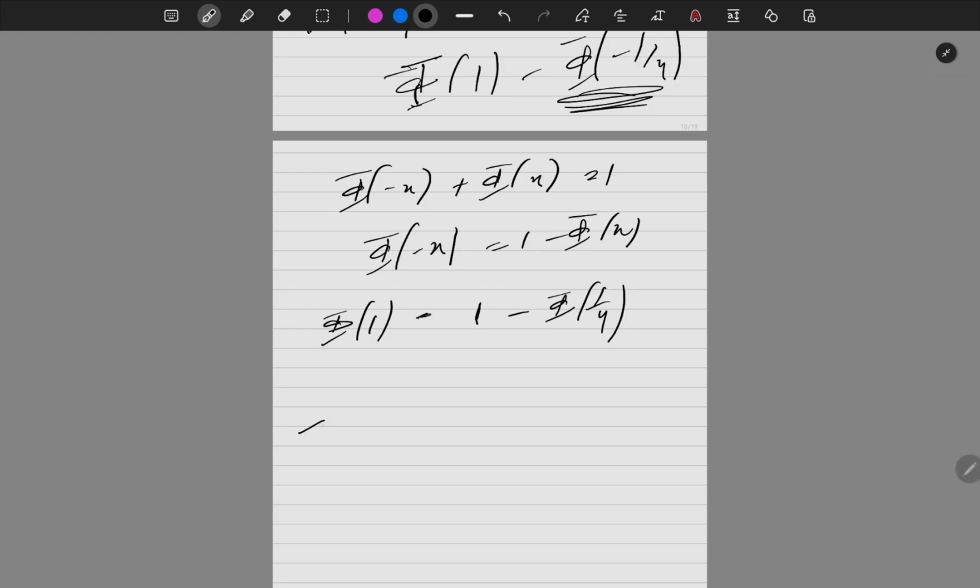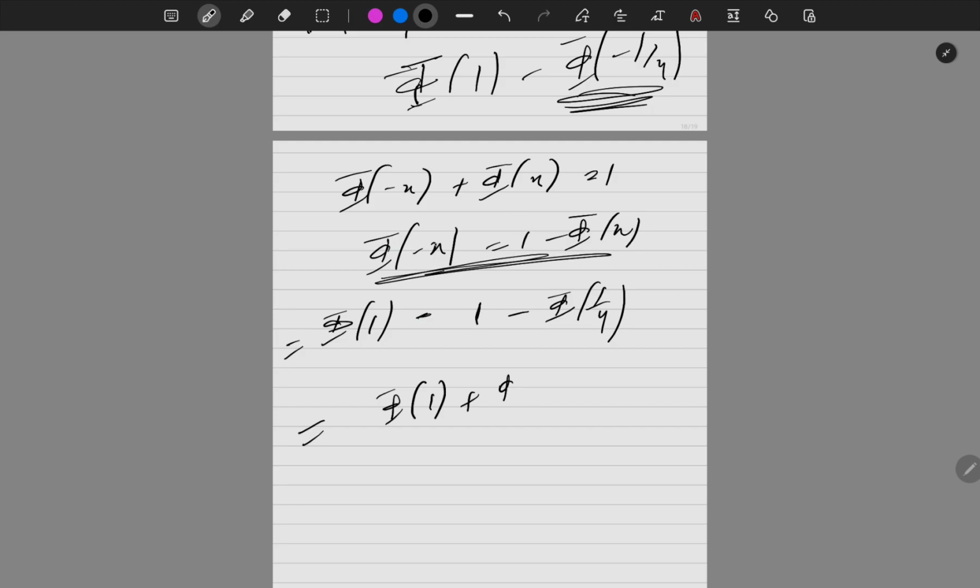So we can write this as phi of 1 plus phi of 1 by 4 minus 1. Wait a minute, sorry.